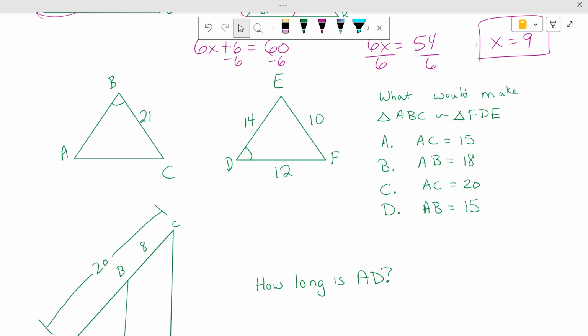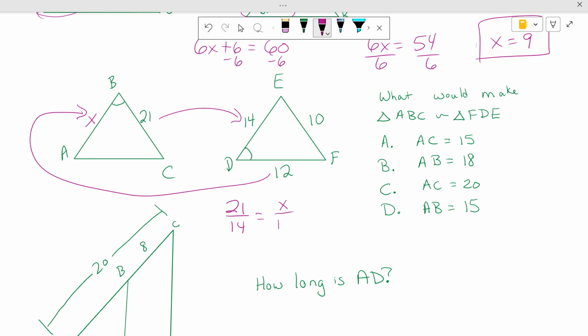AB lines up with FD. So this one and this one have to be proportional. So then BC is proportional to DE. So I take DE, which is 14, and this is 21, and I write a ratio, 21 over 14. Because this side goes with this side, and this side goes with this side. And if we don't know this side, it would be x. So 21 over 14 equals x over 12.